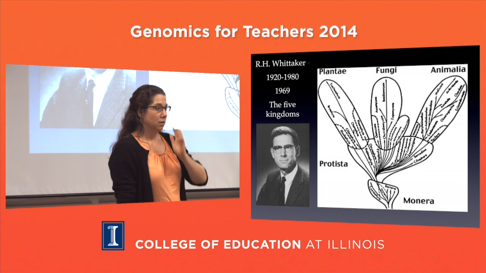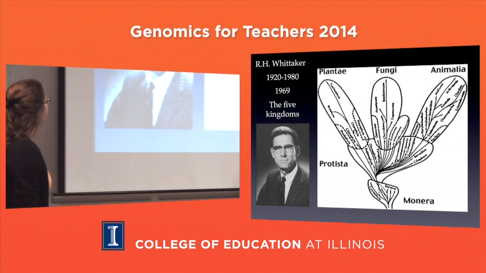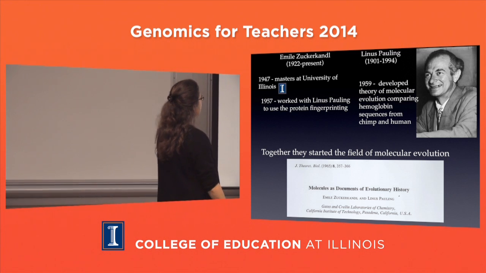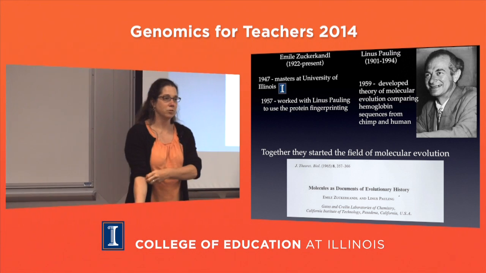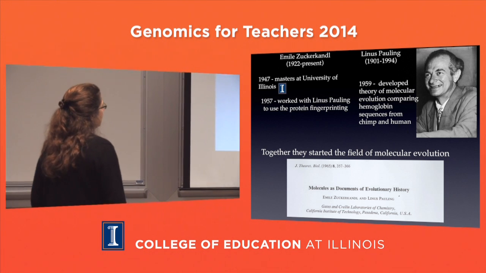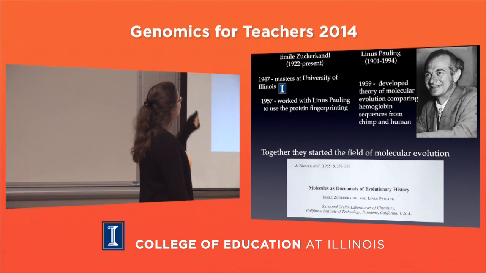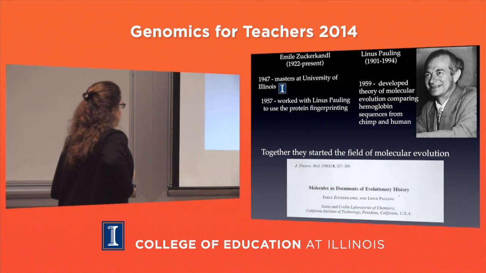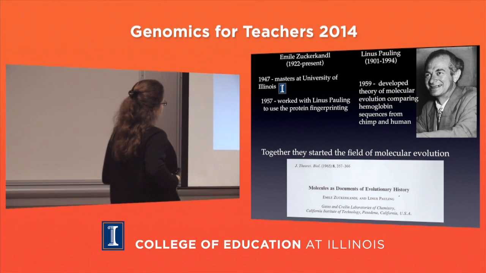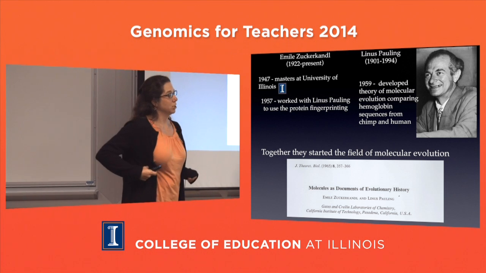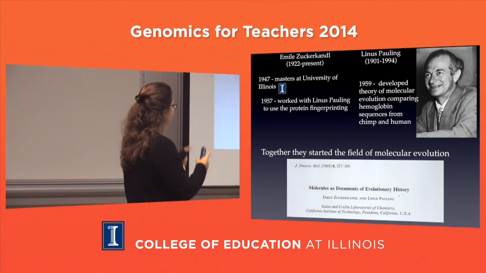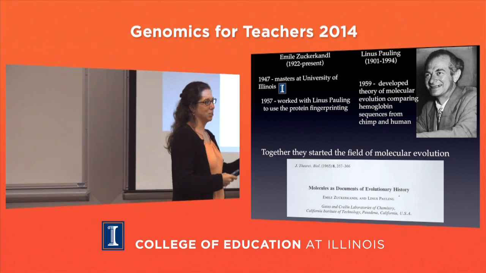Okay, so what do we do? We have no features. Around this time, and this is before DNA was used, they were starting to think about using proteins to study molecular evolution. So Zuckerkandl and Pauling, in this paper in 1965, use protein sequences, which they could get by taking the proteins, cutting them into small pieces, and then identifying which amino acids were there.